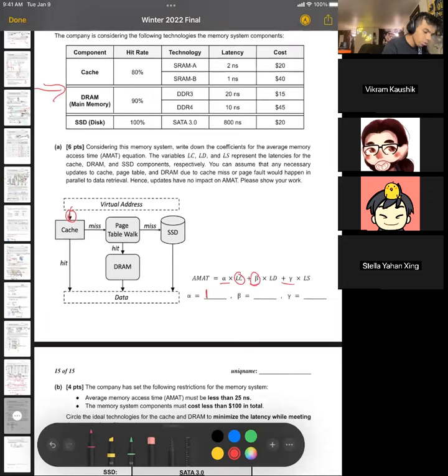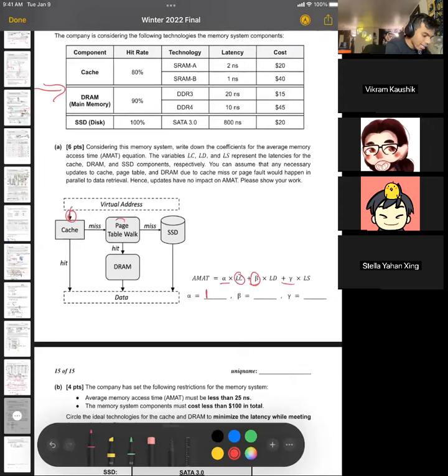So then beta represents, on average, how many times am I going to access the DRAM? Well, in this diagram, there's only 2 times I access the DRAM.